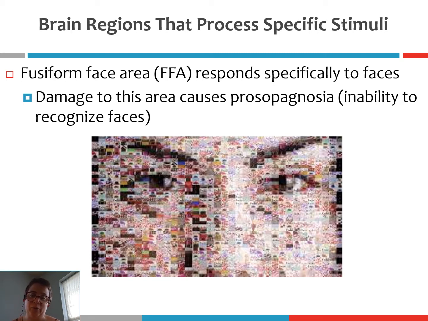So for example, the famous neurologist Oliver Sacks, the late famous neurologist Oliver Sacks, had prosopagnosia, which is the inability to recognize faces, because he had damaged this particular region of the brain.